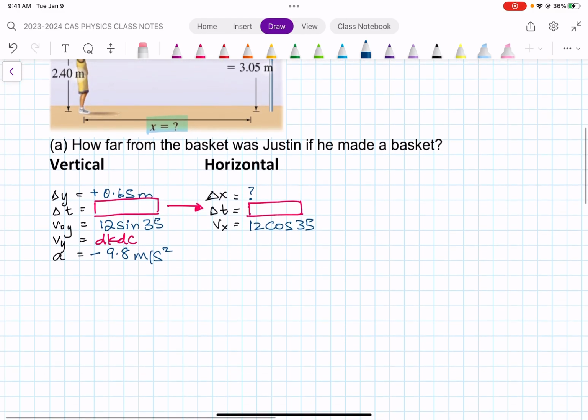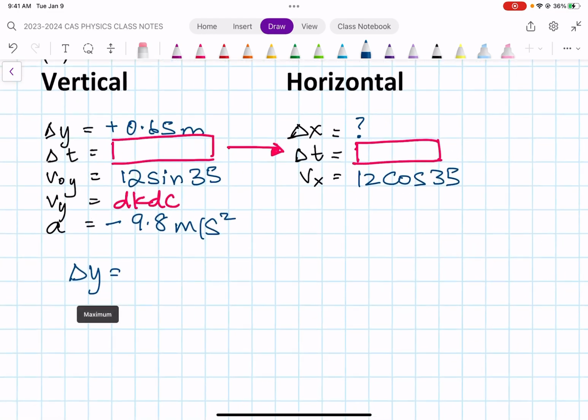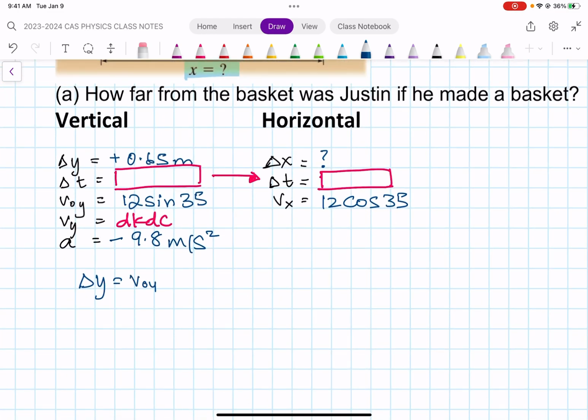Let's start with the vertical. I'm saying my Vy is my don't know, don't care. So what I'm going to say is delta y equals V naught y delta t plus 1/2 a delta t squared. That's the equation we're starting with. So this becomes 0.65 equals, now what's 12 sine 35?